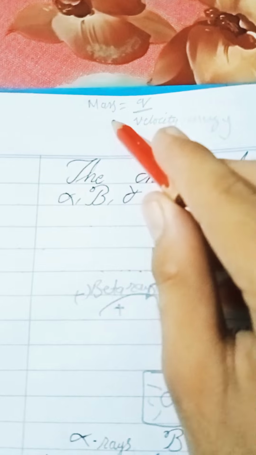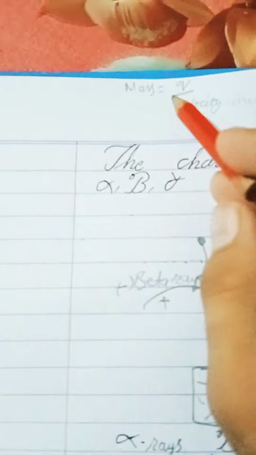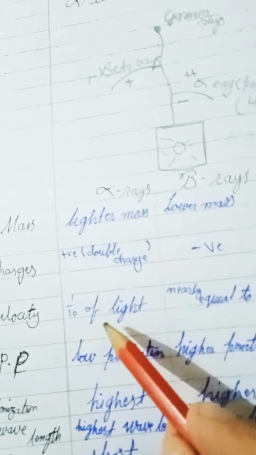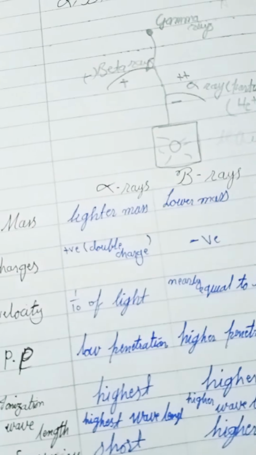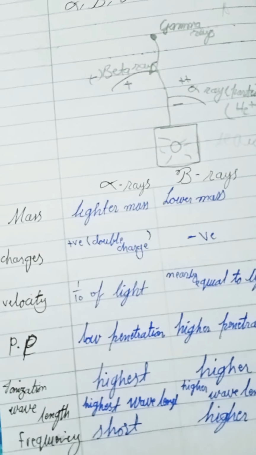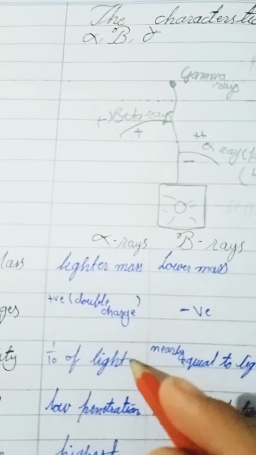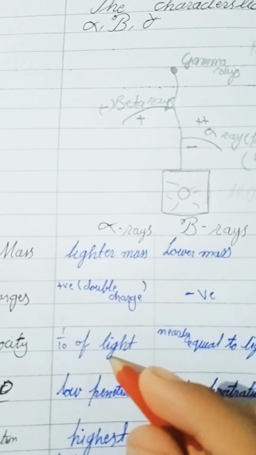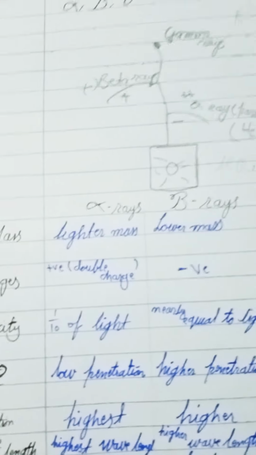Now, the velocity. Whenever mass increases, velocity decreases. So alpha has high mass, so it has low velocity. How much? The tenth part of the speed of light. Light travels at 3 into 10 power 8; if I divide 3 into 10 power 8 by 10, whatever comes is the velocity with which alpha rays travel.